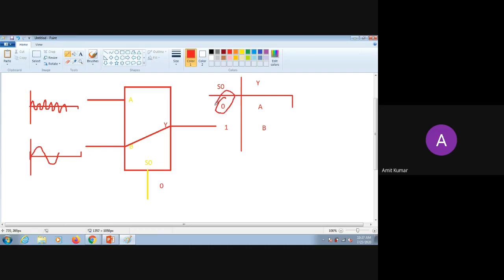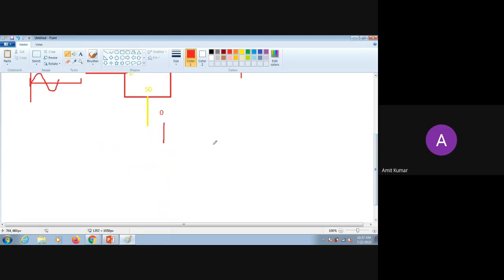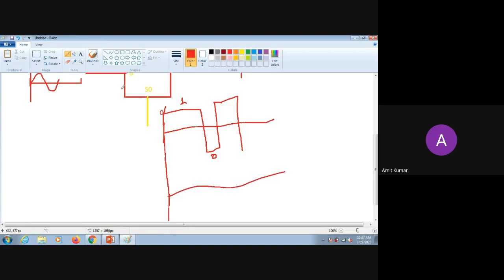Now if you press 0, say for example you are applying this signal, this is 1 and this is 0. So for 1, you will get B output, so you will get a lower frequency signal.